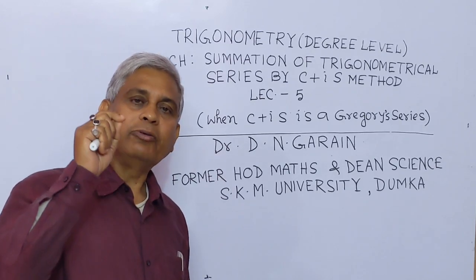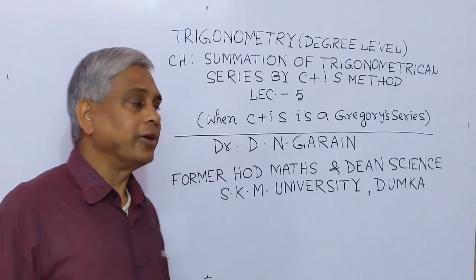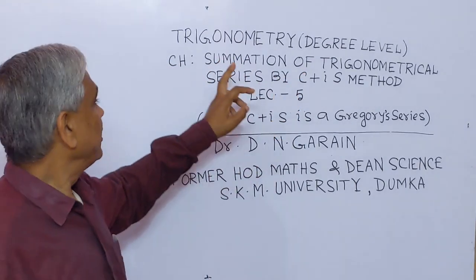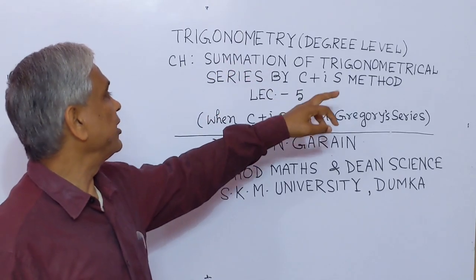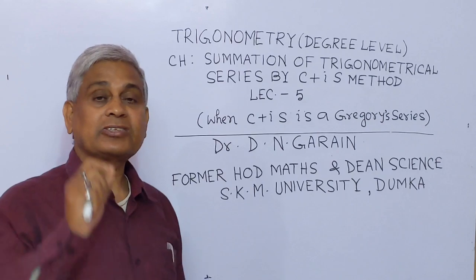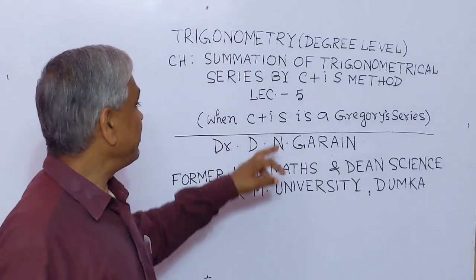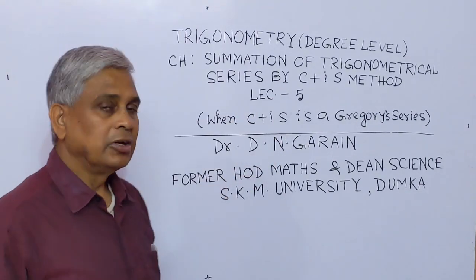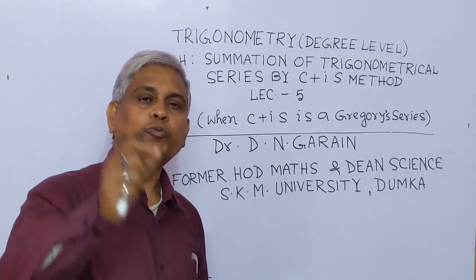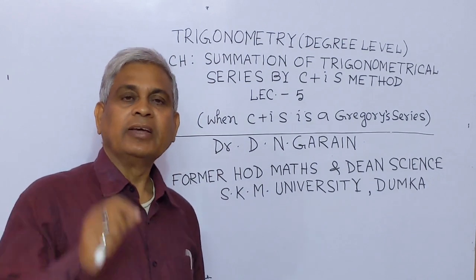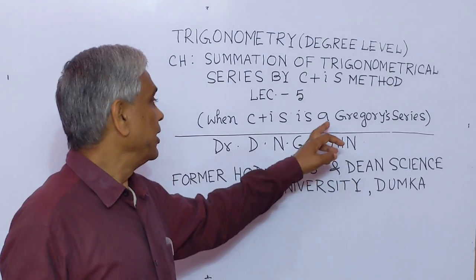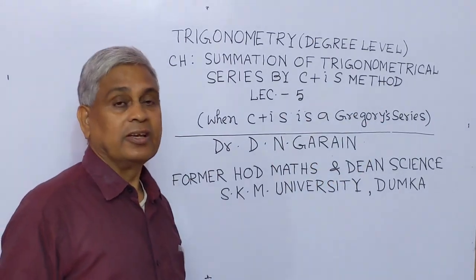Today I will deliver a lecture on trigonometry, degree level, chapter Summation of Trigonometrical Series by the C+iS method, lecture number 5, in which I will solve all those problems such that C+iS is a Gregory series.